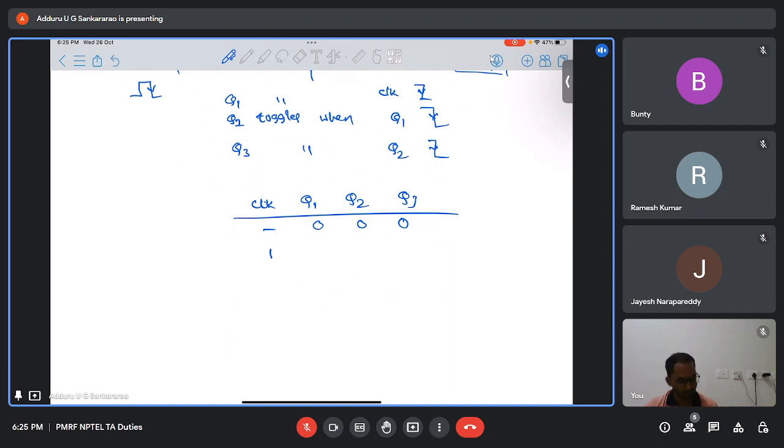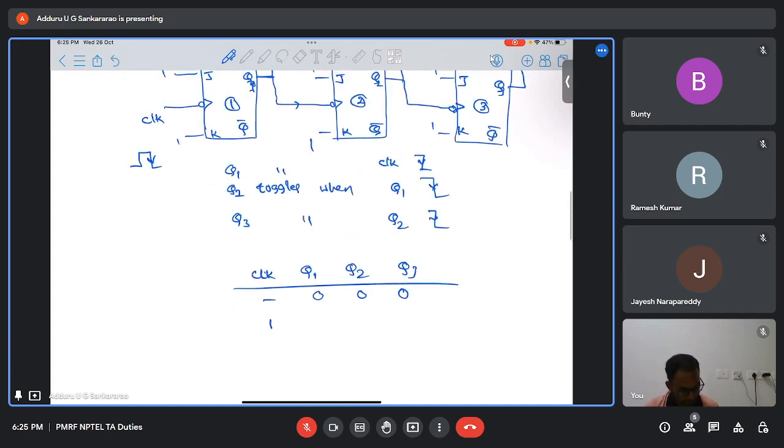For every clock pulse, at the negative edge of the clock pulse, the first flip flop toggles, right? Let us say this is the clock that we are applying at the clock input. At the negative edge of every clock pulse, the first flip flop will toggle.